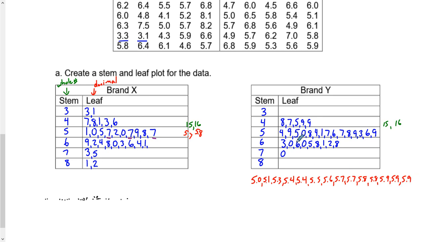Now just to confirm, make sure that I actually have all those numbers down. I see 1, 2, 3, 4, 5, 6, 7, 8, 9, 10, 11, 12, 13, 14, 15 numbers just in the 5s. So 1, 2, 3, 4, 5, 6, 7, 8, 9, 10, 11, 12, 13, 14. So I missed a number. So I'm going to have to make sure I have identified all those numbers. There's 2 5.4s. There's 1 5.0, 1 5.1, 1 5.3. What number am I missing?